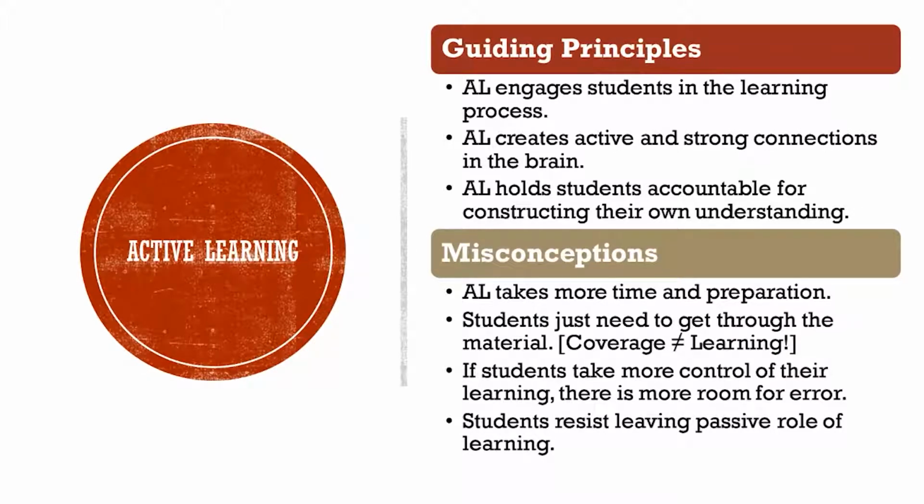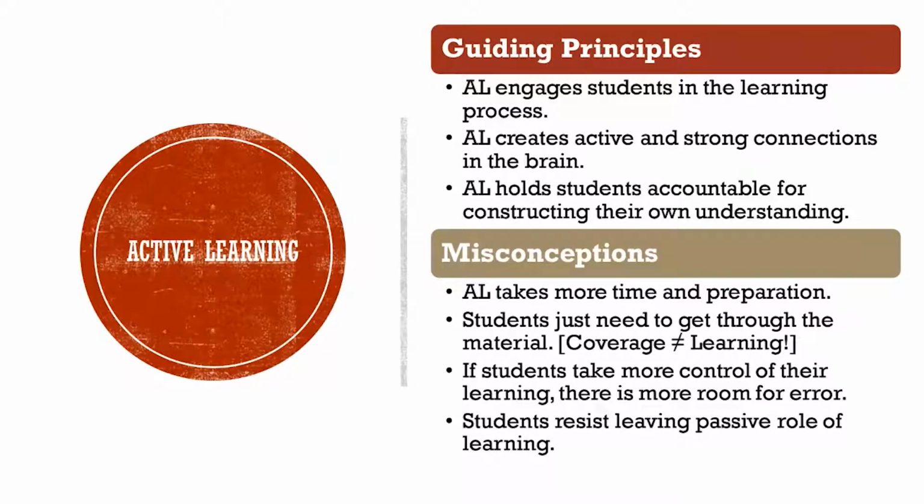She's written a lot on errorful learning, and how it's very beneficial for students to make errors, especially if it's followed up by corrective feedback. And another misconception is that students resist leaving the passive role of learning. They want to be involved, but they don't know another way to learn. So there's another way to learn.